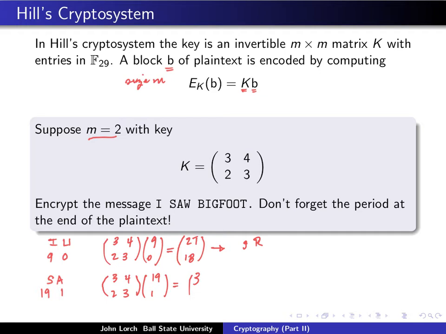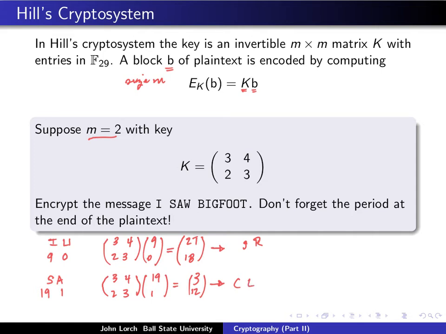And then in the bottom, we have 2 times 19 plus 3 times 1, which is 41. And mod 29, that is 12. So the next 2 characters of ciphertext would be letters 3 and 12, which would be C and character 12 would be L.